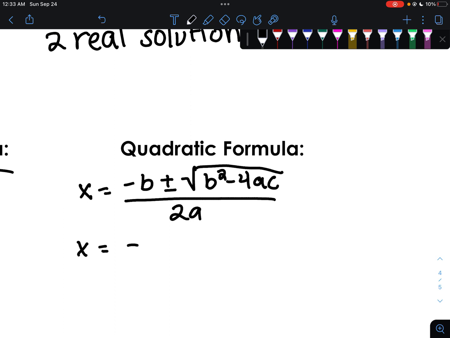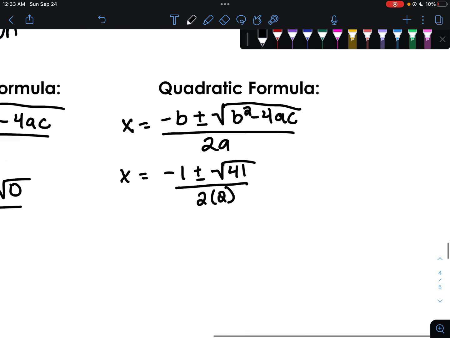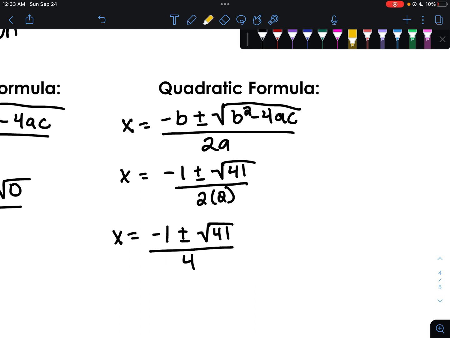So we have a negative 1 plus or minus the square root of 41 all over 2a, which is 2 times 2. We simplify it. We have x equals negative 1 plus or minus. When you try to simplify the square root of 41, it doesn't simplify. It stays that all over 4, and that would be our final answer for this one.